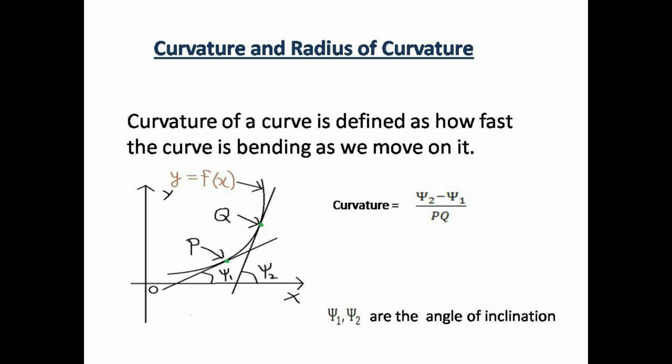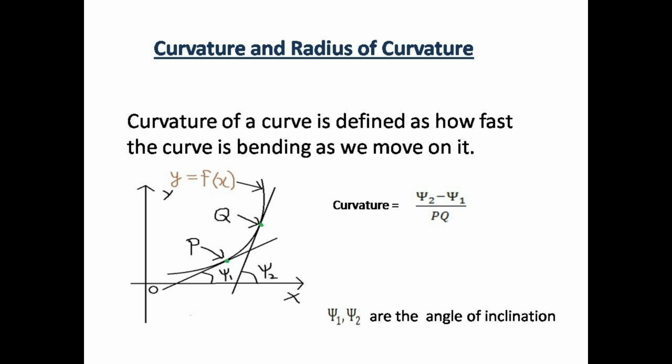This is the inclination angle. Similarly, at point Q, I have drawn another tangent to the curve, and this makes an angle psi 2 with respect to the x-axis in the counterclockwise direction. This is the inclination angle corresponding to point Q.